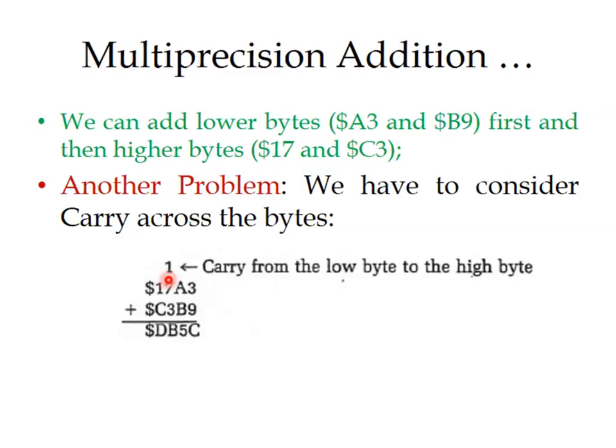So here you see, when we added A plus B, we have a carry which needs to go to the next column, right? That makes this complicated, because you cannot add the lower bytes and the higher bytes separately. Even when adding the lower byte, you might run into a carry which you need to add in the next step, like this one here. So that's something interesting that we need to handle.